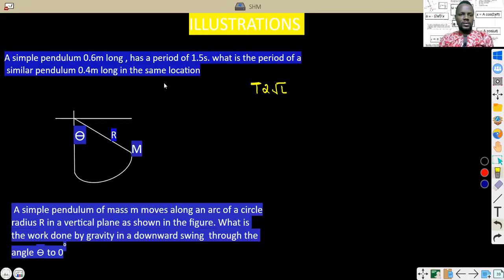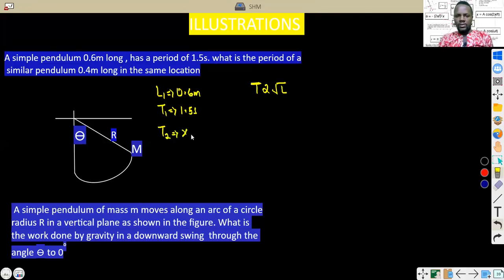So the first length is given as 0.6 meter. The period at that length was given to be 1.5 seconds. So we are looking for the second period, that is T2.